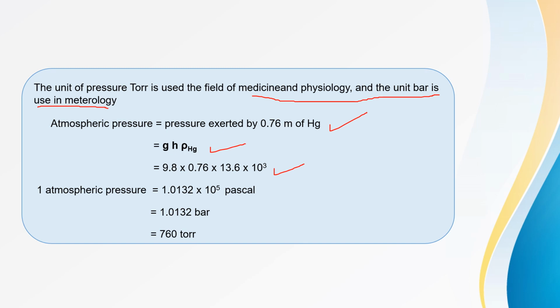If we substitute the values, 9.8 is the acceleration due to gravity, 0.76 is the height of the mercury column, and 13.6 × 10^3 is the density of mercury, and therefore 1 atmospheric pressure is equal to 1.0132 × 10^5 Pascal, or it is equal to 1.0132 bar, or it is equal to 760 torr. All these are the conversions for your information.